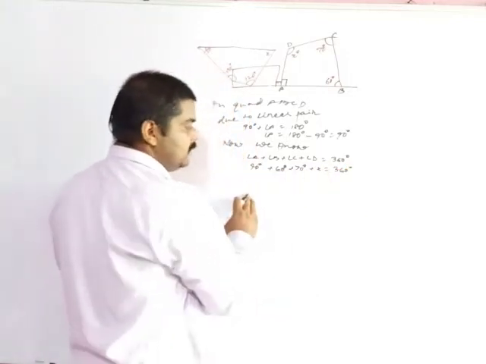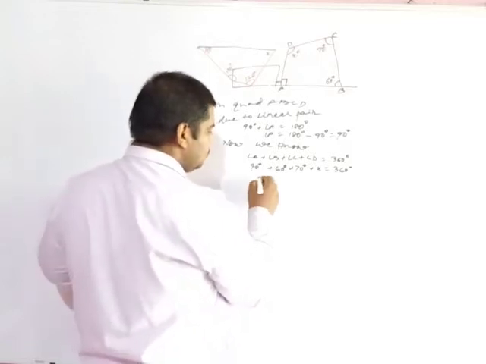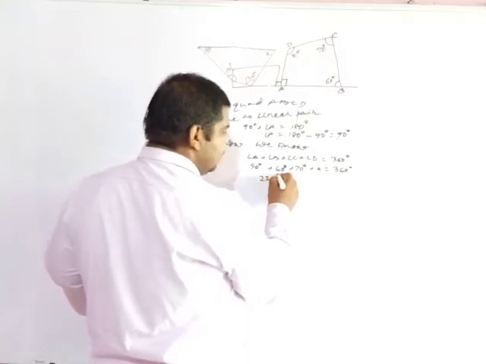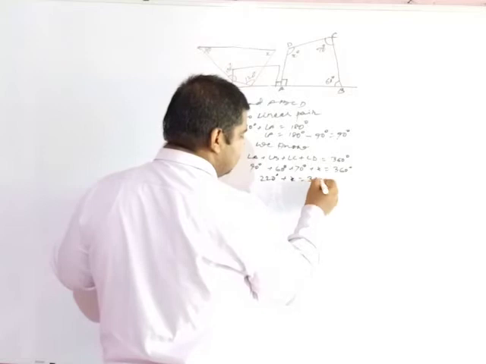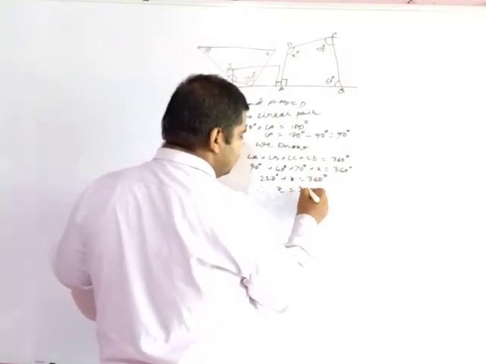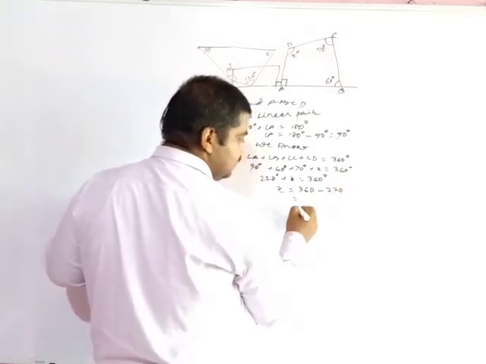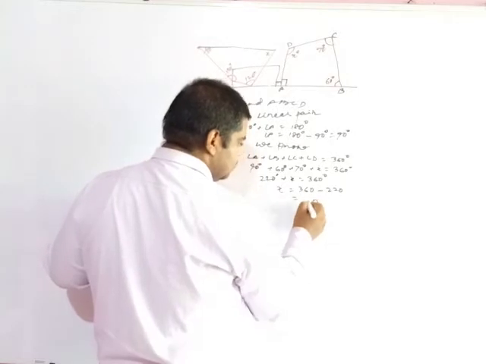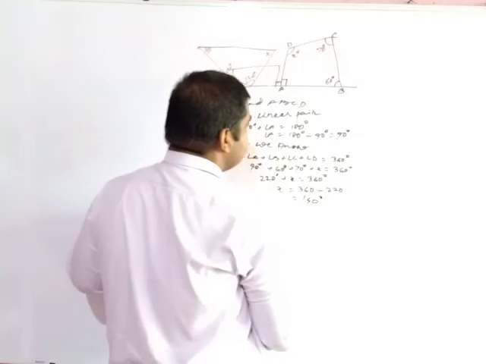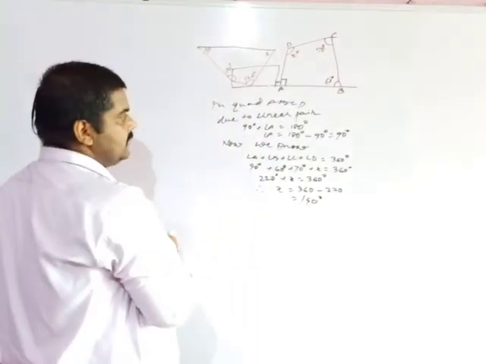You need to add them, and this is 220 degree plus x is equal to 360 degree, or x is equal to 360 minus 220, which is 140 degree, my dear. So the value of x is 140 degree.